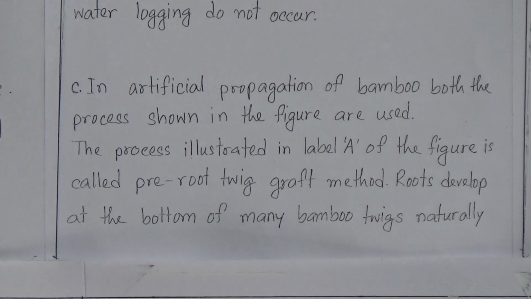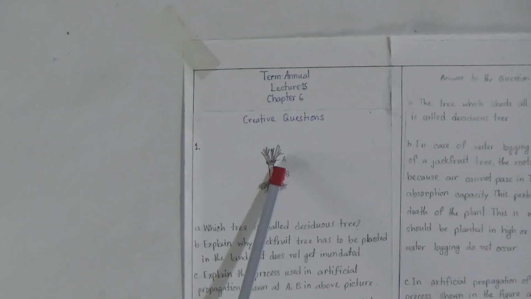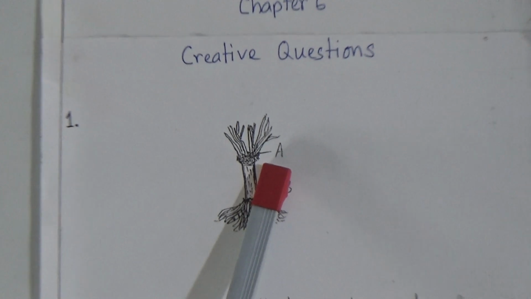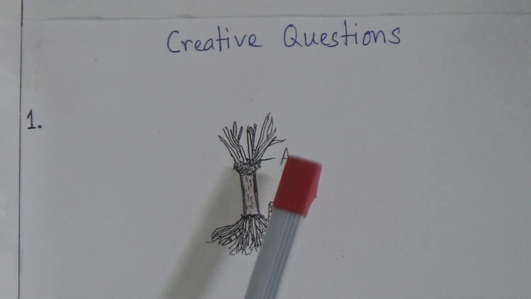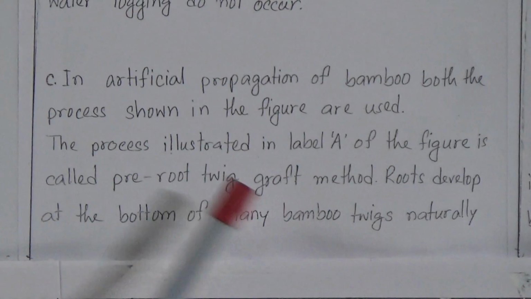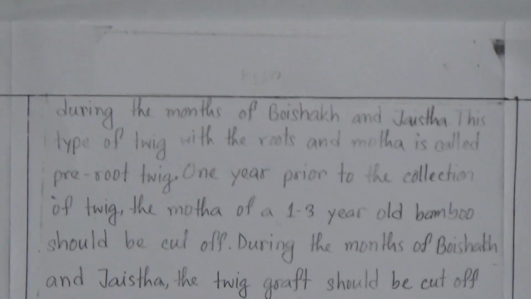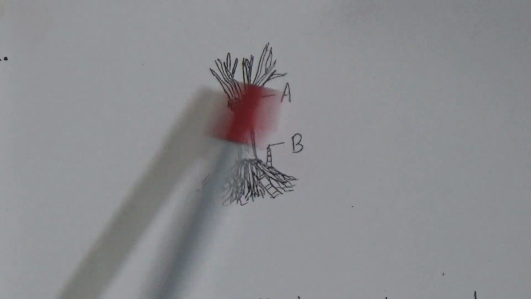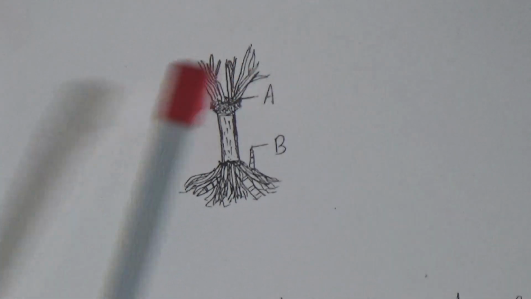Now look, this process is called pre-root twig graft method in level A, and roots develop at the bottom of many bamboo twigs naturally during the months of Boishak and Jyeshtha. So these roots can grow naturally during the months of Boishak and Jyeshtha at the bottom of the bamboo tree.